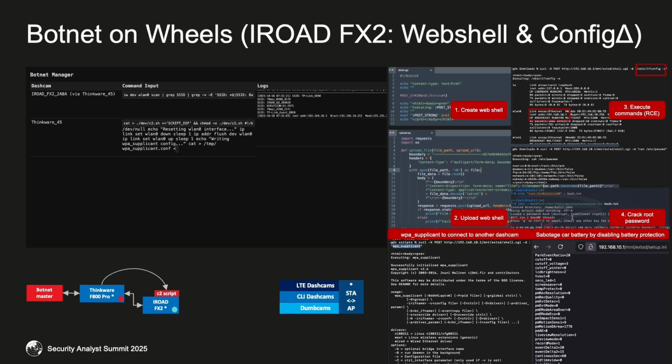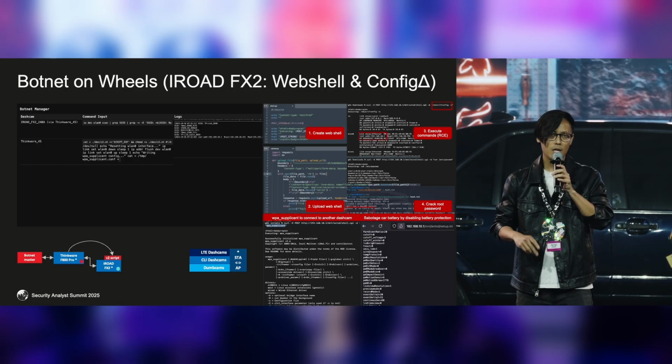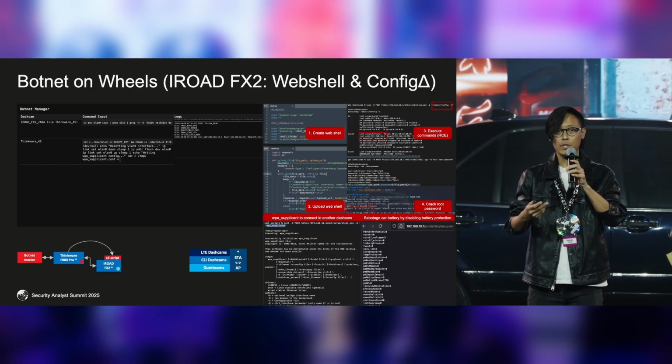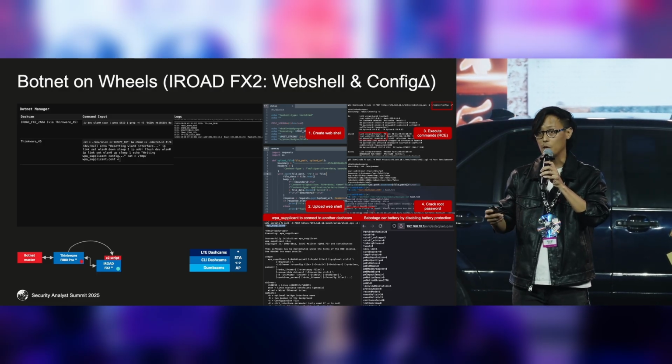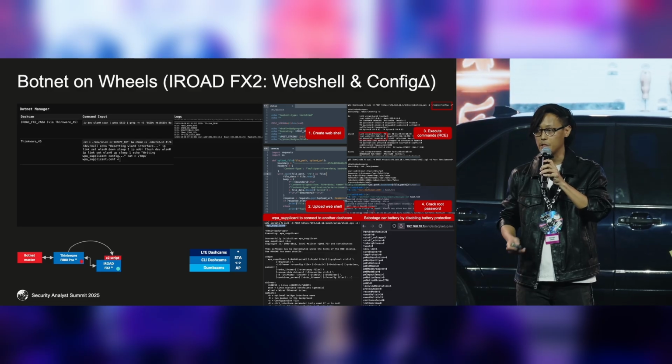We categorize the dash cameras into 3 levels, and starting from the top, at level 3, we have LTE dash cameras. These are cloud-based dash cameras that have a 4G or 5G connection, that rely on either the phone's internet connectivity, or the car's connectivity, or even the garage's connectivity, or it could have its own SIM slot.